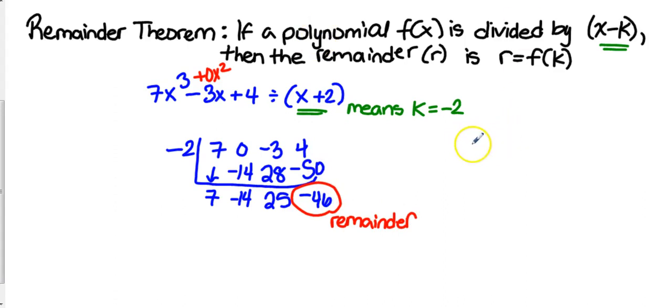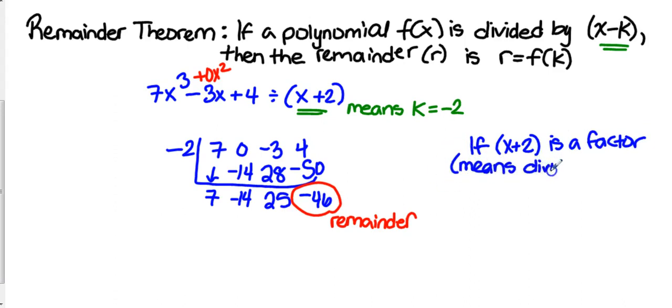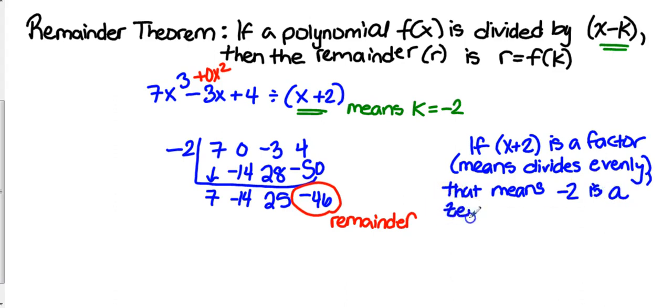So here's the key idea. If x plus 2 is a factor, which means it divides evenly, that means negative 2 is a 0, or a solution.